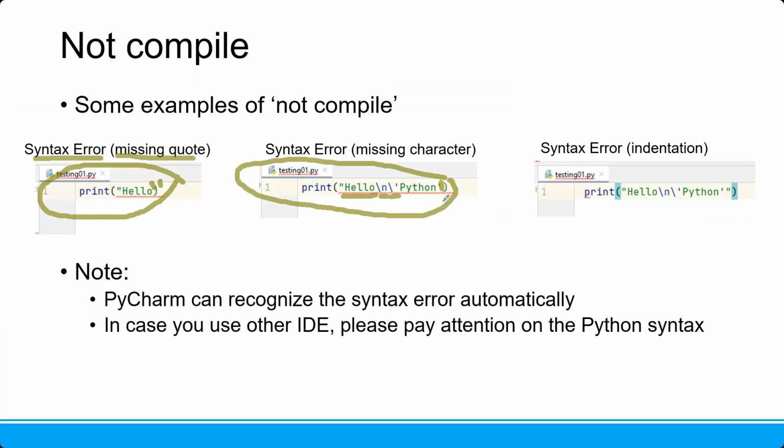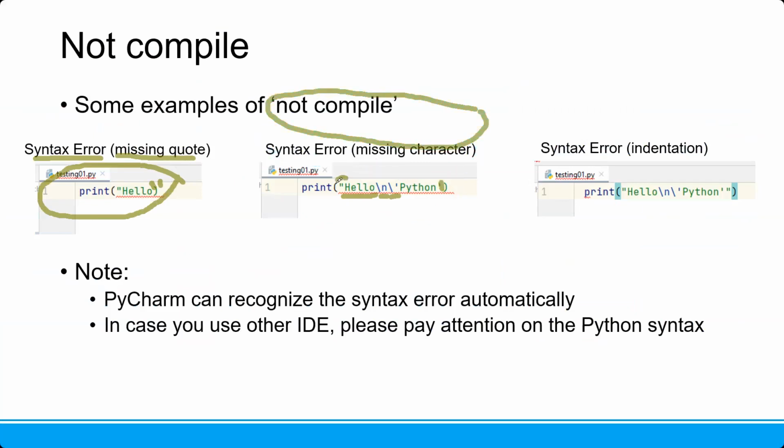So what is the error here? It is the consistency for the character. If you use the double quote at the first, you need to make sure that you also use double quote at the end. So if you see this kind of line with red color, it means there is an error. So it is the syntax error.